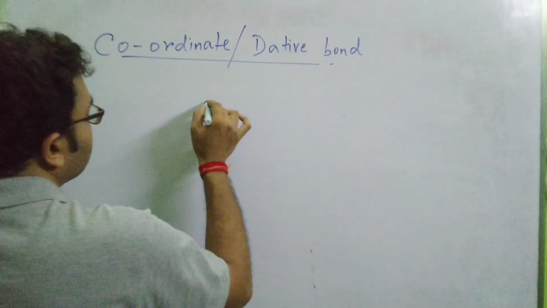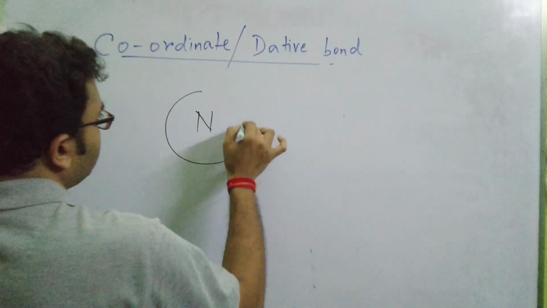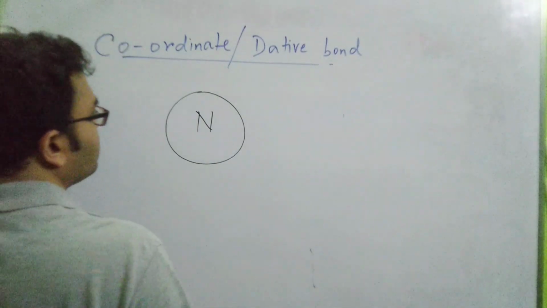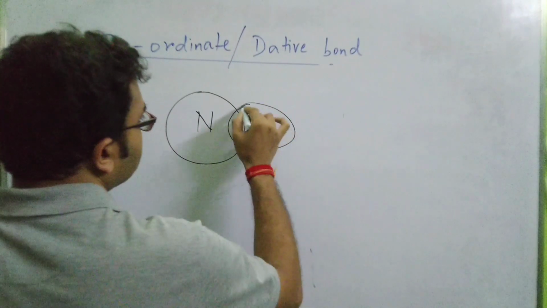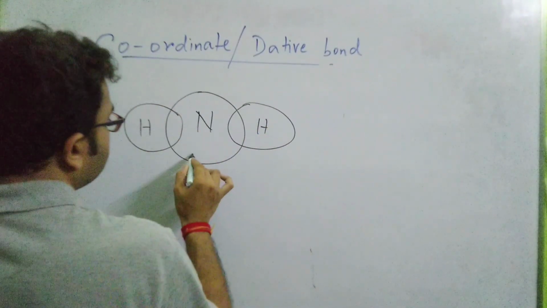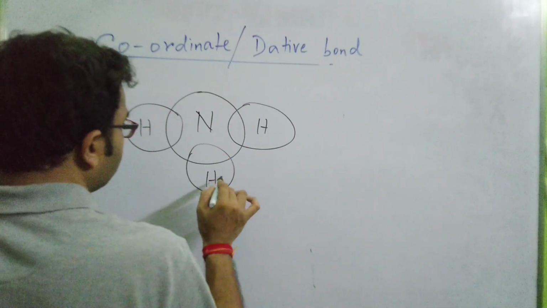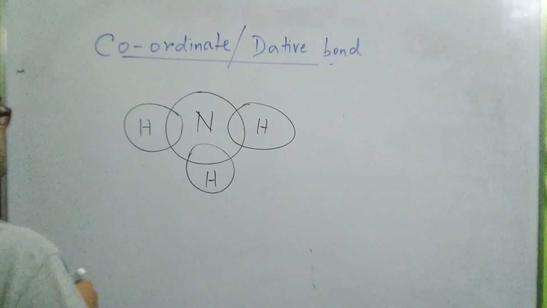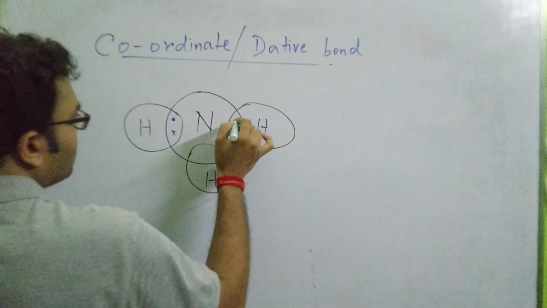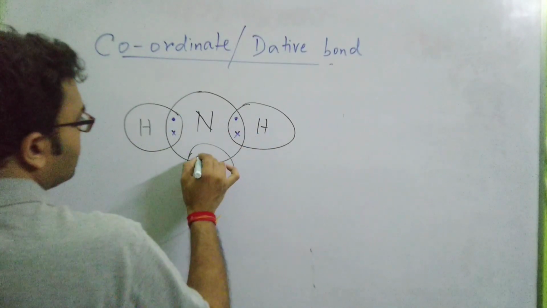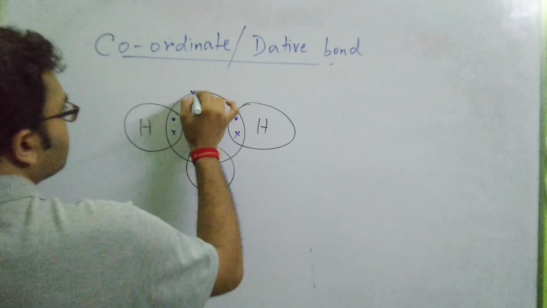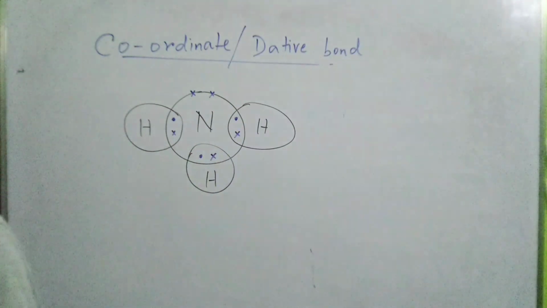Nitrogen has 5 electrons in the outermost shell. And there are 3 hydrogen atoms. This is one hydrogen atom forming a bond, this is one hydrogen atom forming a bond, and this is one hydrogen atom forming a bond. Now these 3 hydrogen atoms each share one pair of electrons with the nitrogen atom, like this, and the nitrogen atom itself has 2 electrons more which are free.